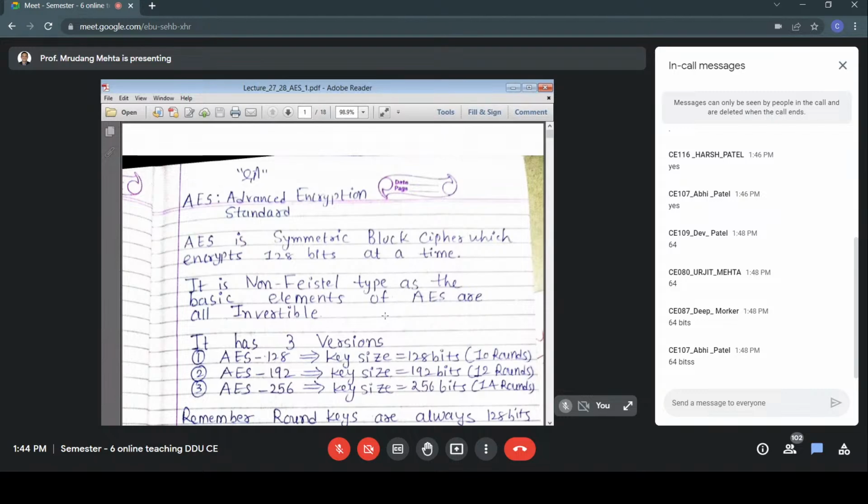What is Feistel type? Is DES Feistel or non-Feistel, and what is Feistel type? Can anyone say? Feistel structure was discussed in the last lecture of the second sessional: invertible, non-invertible elements.